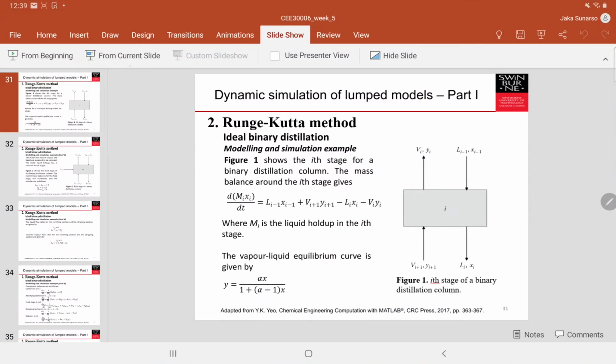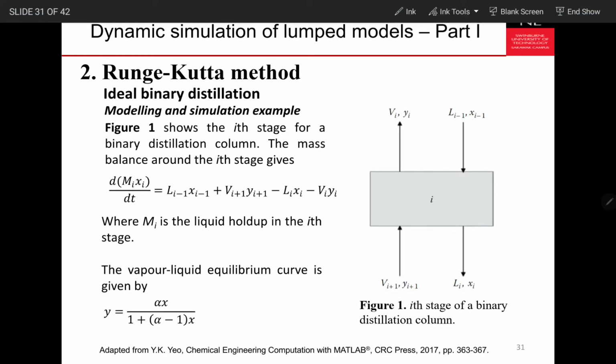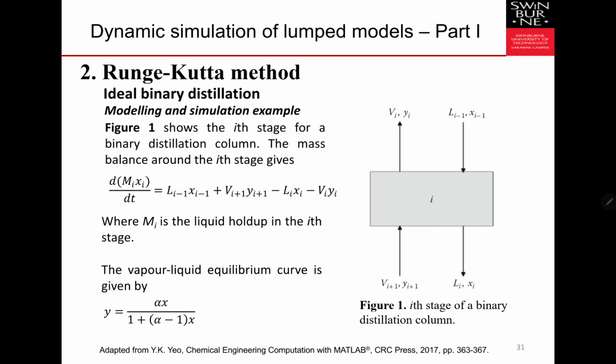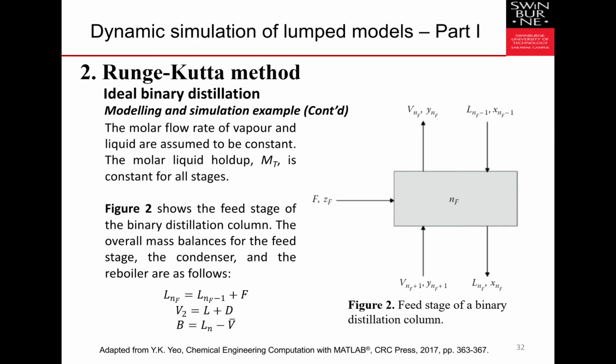Then if I move into the next slide, we show here the feed stage of a binary distillation column. Note that along this example we assume that the molar flow of the vapor and liquid is constant, and the molar liquid holdup is constant for all stages.